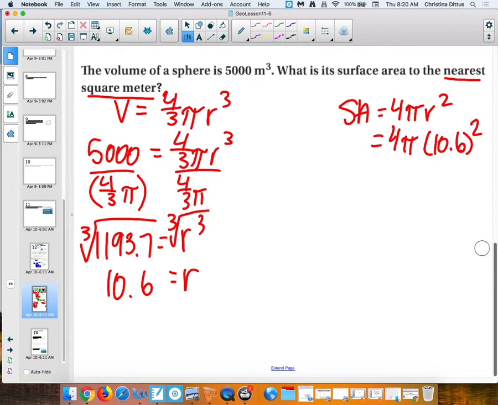So you are going to have to multiply by pi. Nearest whole number. You got it? 1,412. Good. Label. Meters squared.